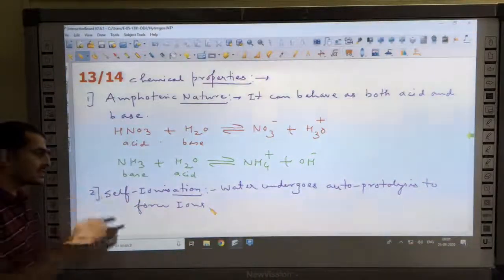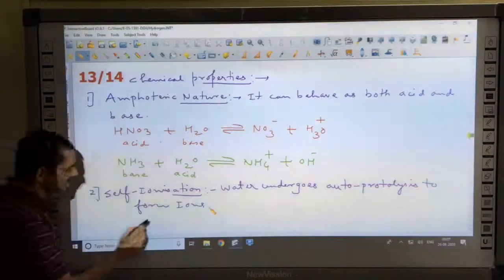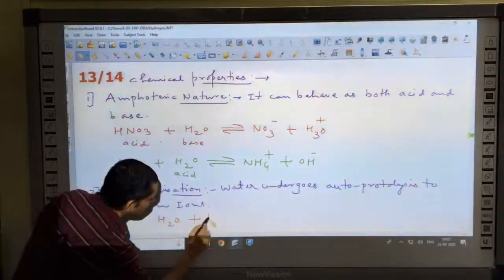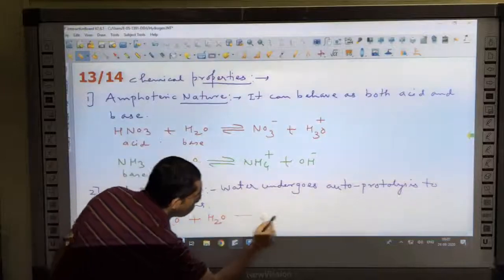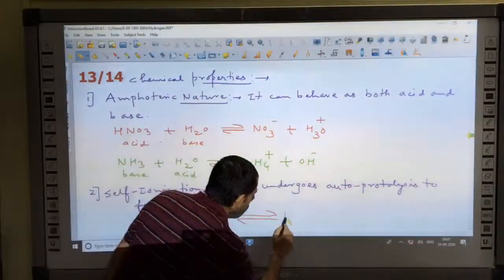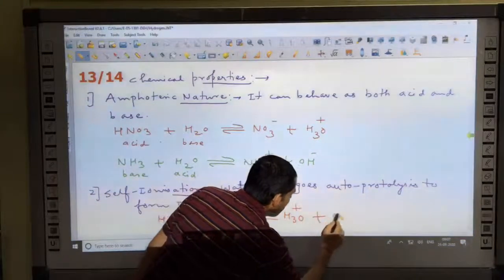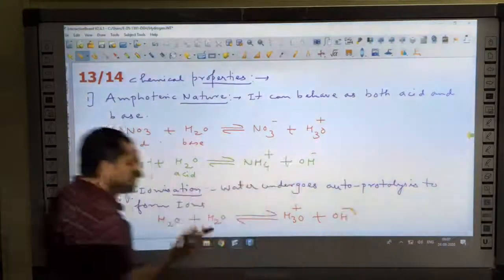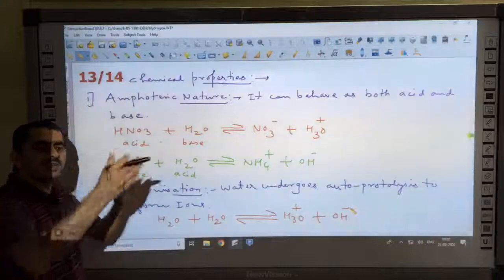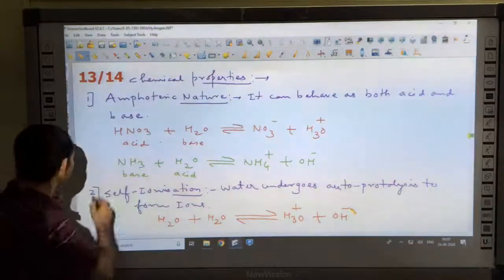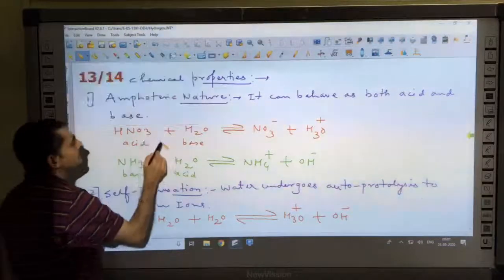It is undergoing self-ionization. How? You see the reaction. Water plus water. This is self-ionization. It converts into hydronium ion plus OH negative ion. So it is ionizing itself. This is also called autoprotolysis. Clear? This was second.